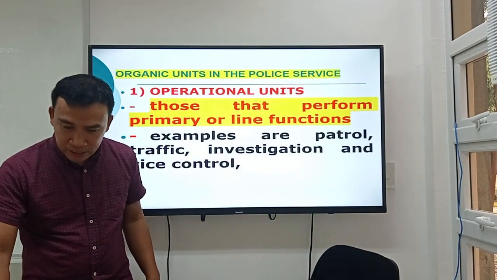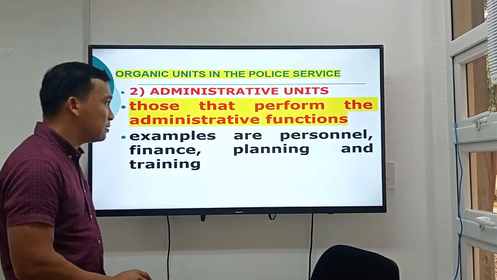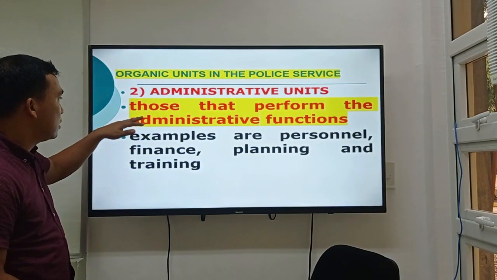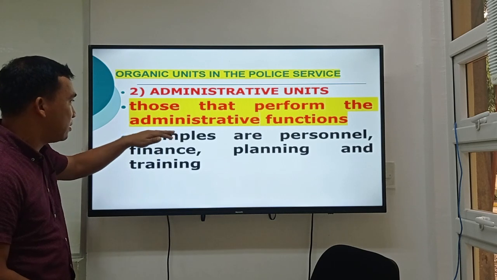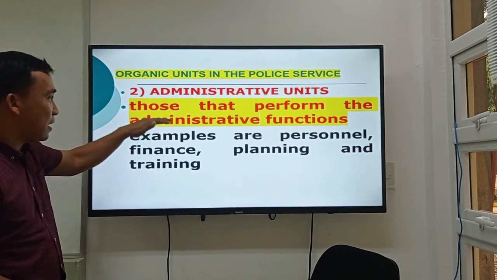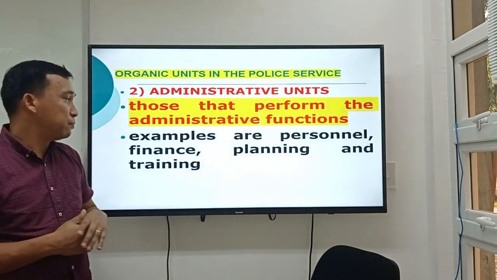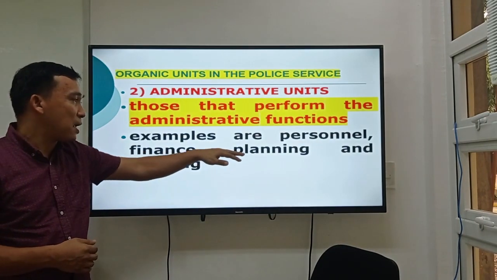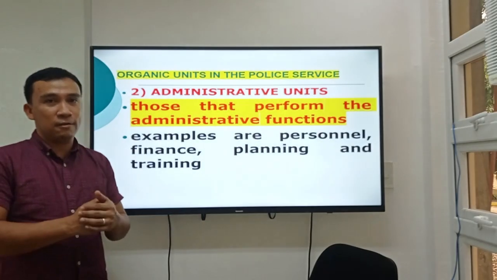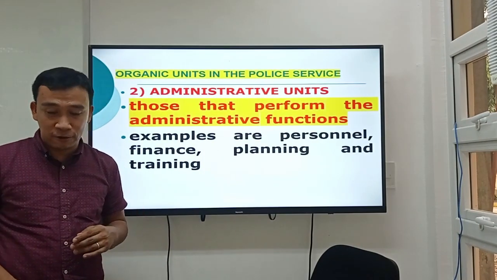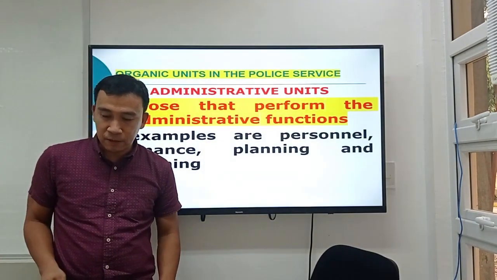Okay? Second is the administrative units. Administrative units are those that perform the administrative functions like sa mga personnel and record management, sa finance, sa planning, and sa training. Okay? So yan yung mga nandito sa administrative units.